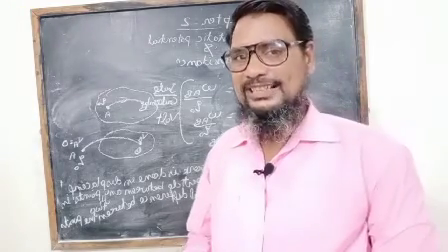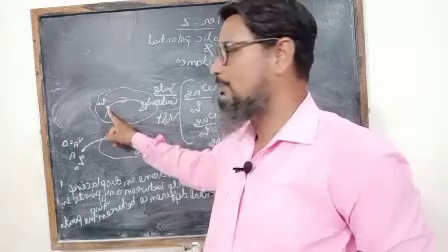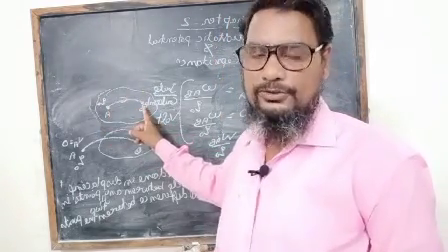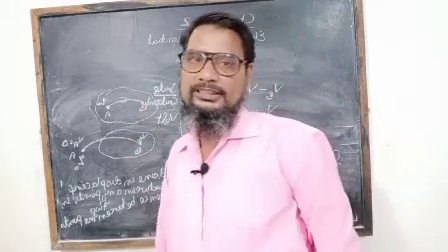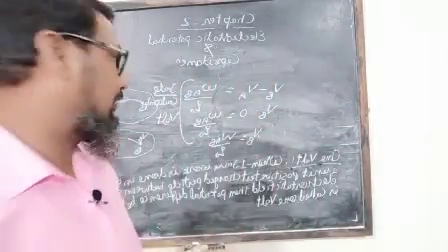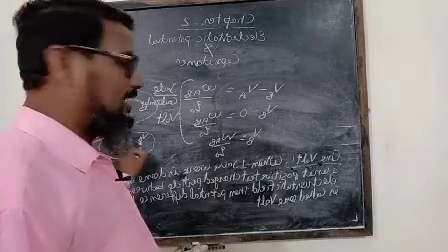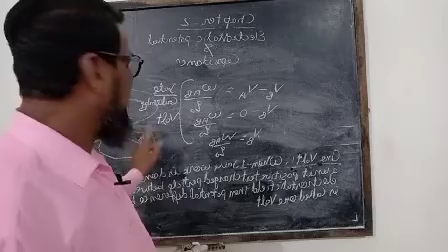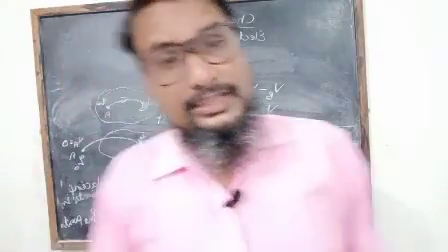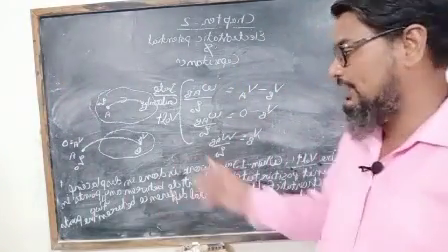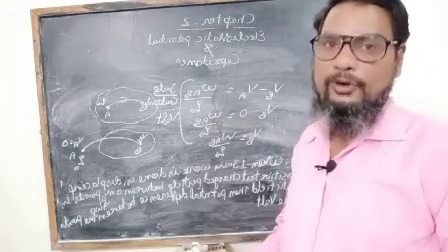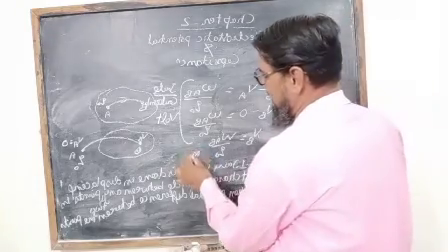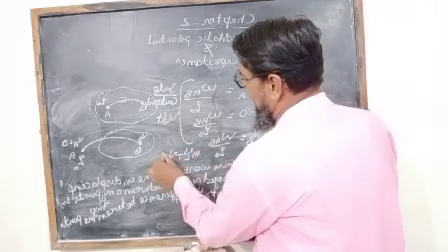When 1 joule of work is done in displacing a unit positive test charge particle from one point to another against electrostatic force, then the potential difference between the points is called 1 volt. And if 1 joule of work is done in displacing a unit positive test charge particle from infinity to a certain point in an electric field, then the potential at the point is called 1 volt. So this is the value of 1 volt. The dimensional equation also we have discussed, M1 L2 T minus 3 A minus 1.